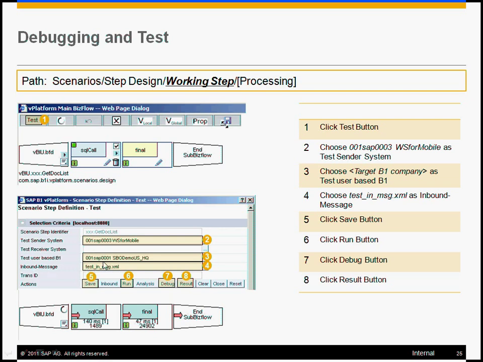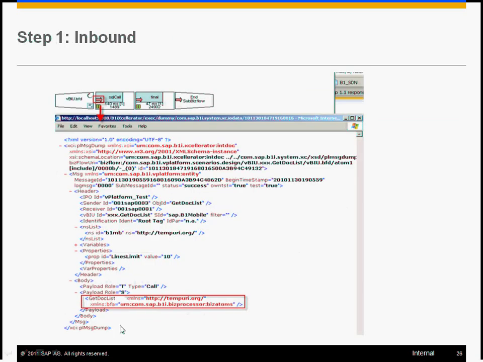That's the one we would like to use, because we want to simulate the SOAP request. So we need to provide the body of the SOAP request for that. So we use the test inbound message get doc list, and just run it, and then we click debug, and we will find the execution sequence here one by one, and then we can see the results exactly, one by one.